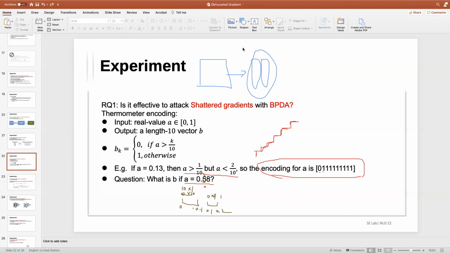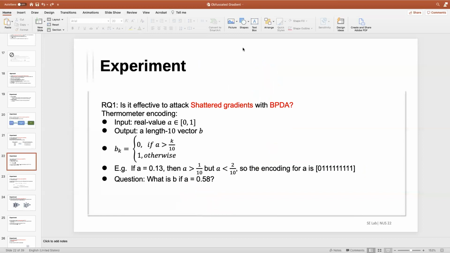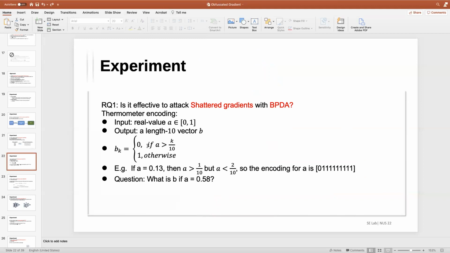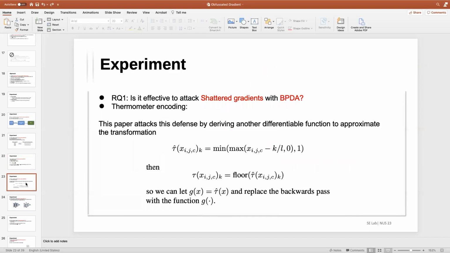Maybe everyone is clear on this point. So, this encoding function seems non-differentiable, but actually the paper can represent it in a differentiable way. So yeah, it's like a clipping function.